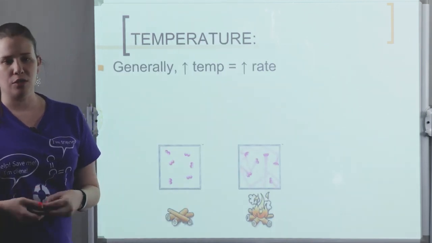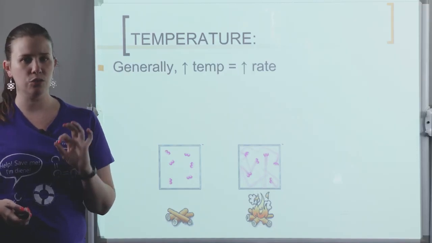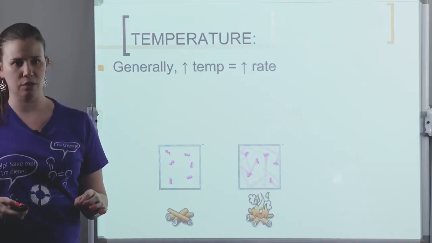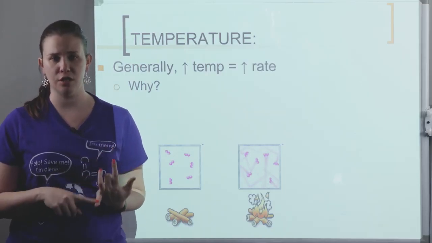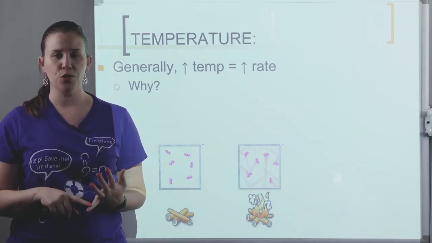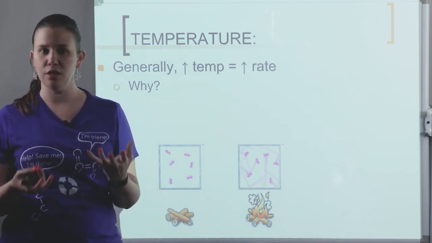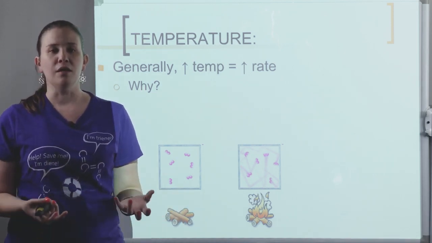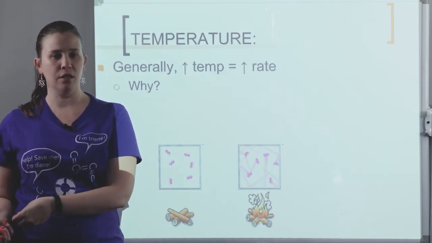And I mentioned temperature has a twofold effect. Temperature actually hits on two separate postulates of the collision theory. First of all, by definition, temperature is the average kinetic energy of the particles. So if I increase the temperature, I have literally increased the kinetic energy in the substance. That means that there's more energy available for the reactions.